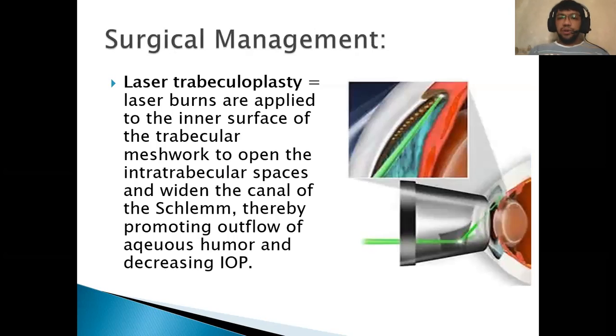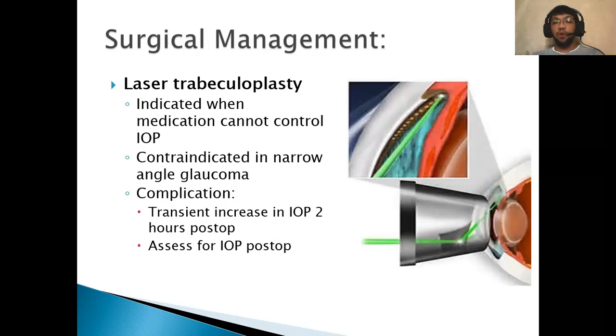Surgical management would be laser trabeculoplasty. A doctor is going to apply laser burns on the inner surface of the trabecular meshwork in order to open them and widen the canal of Schlemm, therefore promoting outflow of aqueous humor and decreasing the IOP. Since there is an increased IOP due to the closure of the trabecular meshwork, this will make the trabecular meshwork open to increase the outflow of the aqueous humor.